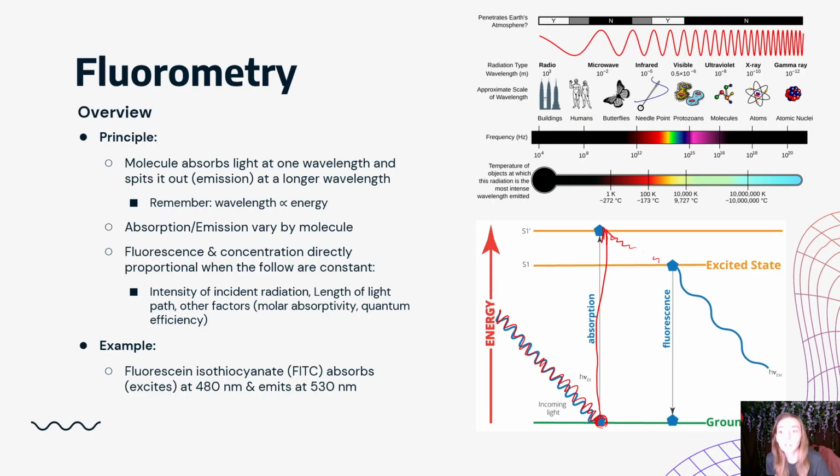The same thing happens here. So we excite a particle. It hits a really, really high energy state, and then there's nothing keeping it in that high energy state. So the energy starts to wane and goes down. When we hit that excited state, you can't necessarily see it, but when we hit the emission state, that's when you can see it. We'll go through that fully in a second.